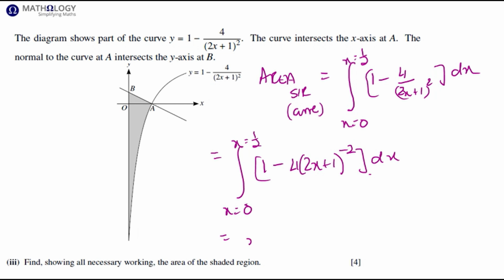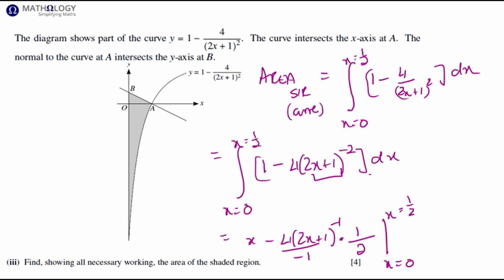So we will have x minus 4 times (2x plus 1) to the power of minus 2 plus 1, which gives us negative 1, and we divide by negative 1. And we also multiply by 1 over the derivative of 2x plus 1, so multiply by a half, and this is evaluated between x equals 0 and x equals a half.